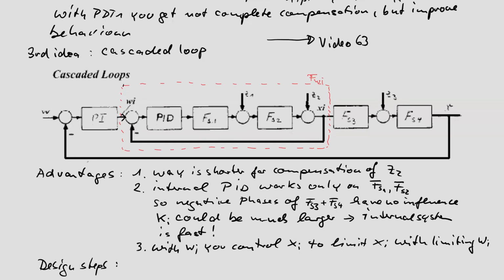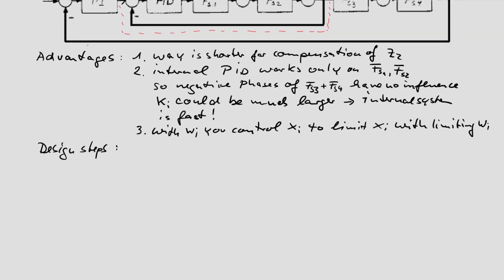Now you have to design this PID, and before you can design the external PI controller, you need the dynamical behavior of the internal closed loop. So there is a 3-step design. Design internal PID, calculate closed loop internal behavior, then design the external PI. So 3 steps.